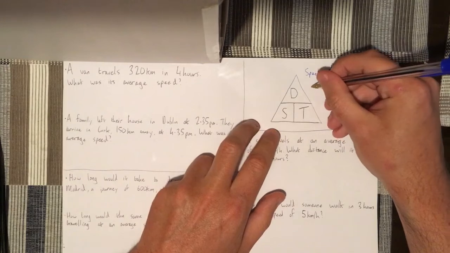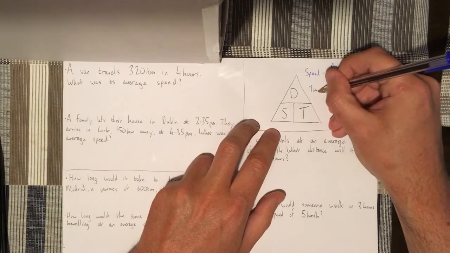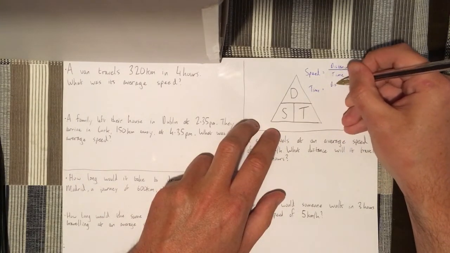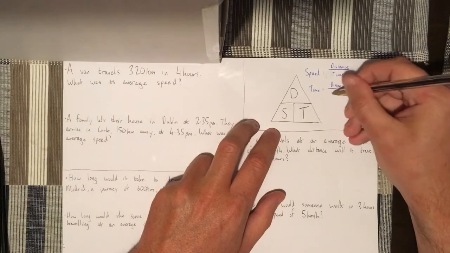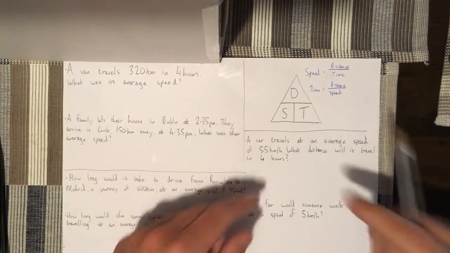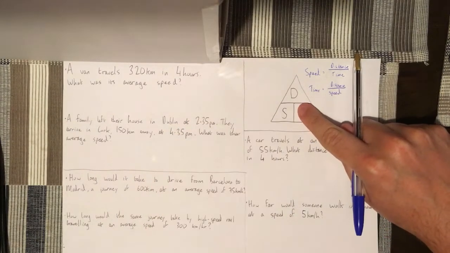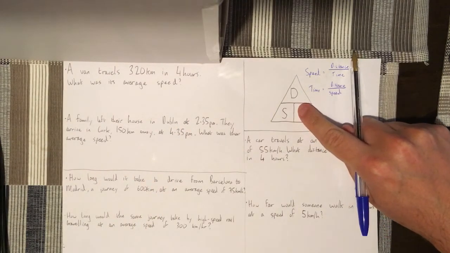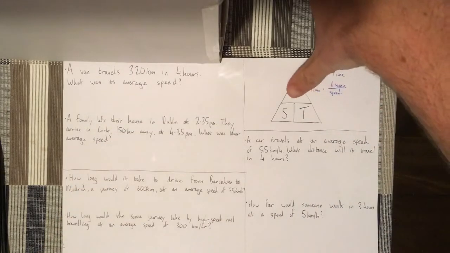So to get time, I divide distance by speed. And it's straightforward enough because over means divided by in maths.